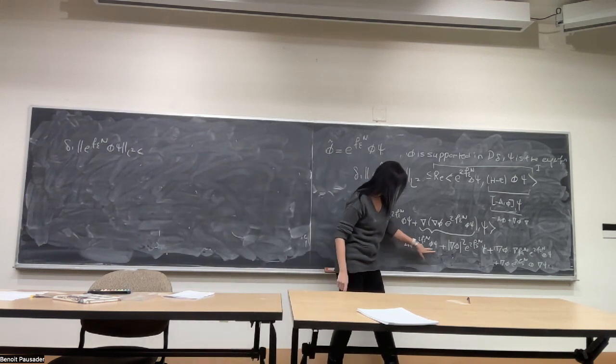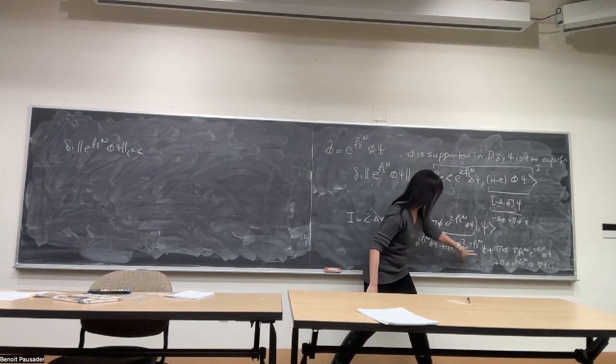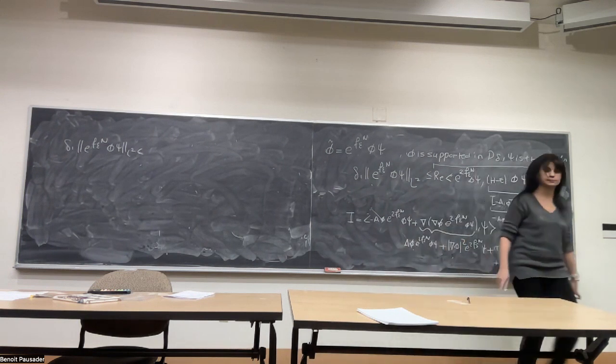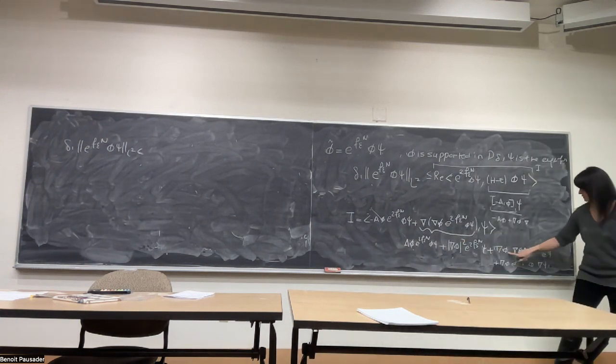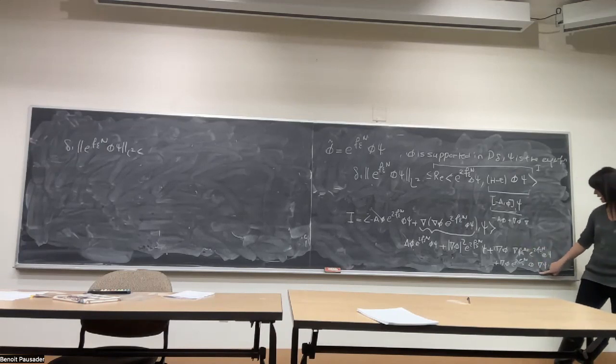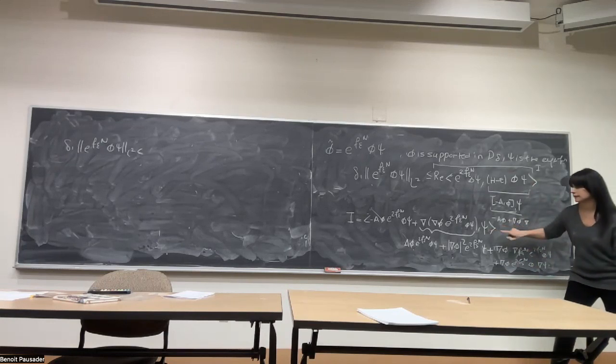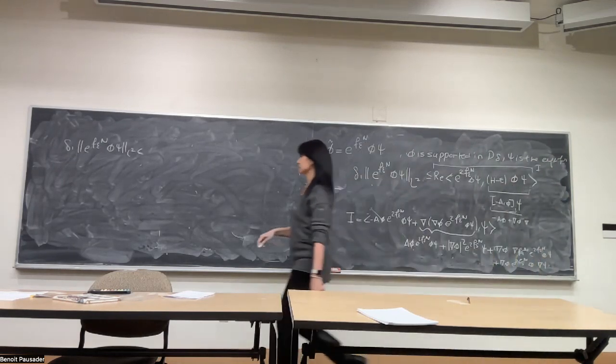Now, this is gonna be bounded by CL2 norm. This is gonna be bounded by CL2 norm, and this is gonna be also bounded by CL2 norm because everything is compactly supported, and that's okay. And this one, we have delta C here, and we also have C on the other side. So in fact, this is what we're gonna have.